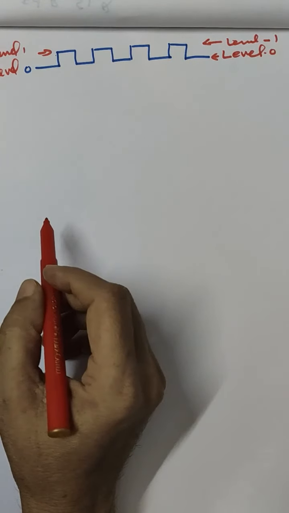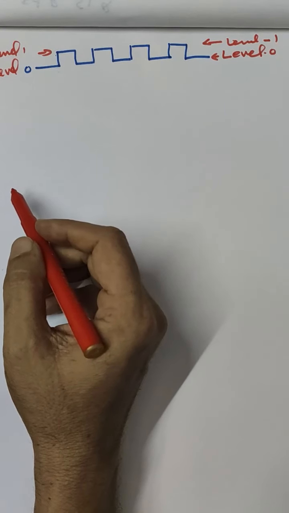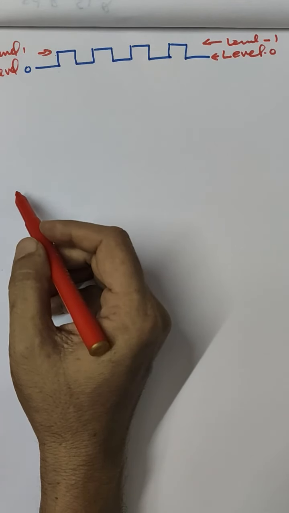Now the clocking mechanism that we have discussed in the earlier case is a level triggered one. That is, the enable signal is active as long as the enable line is at 1.